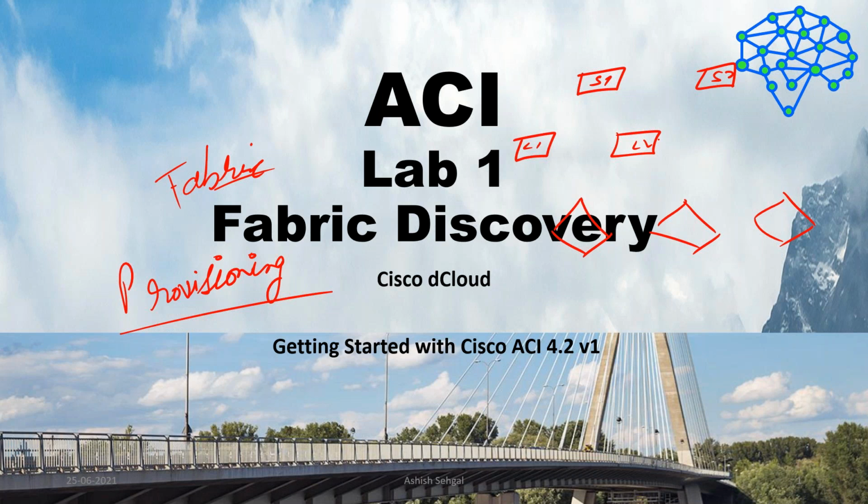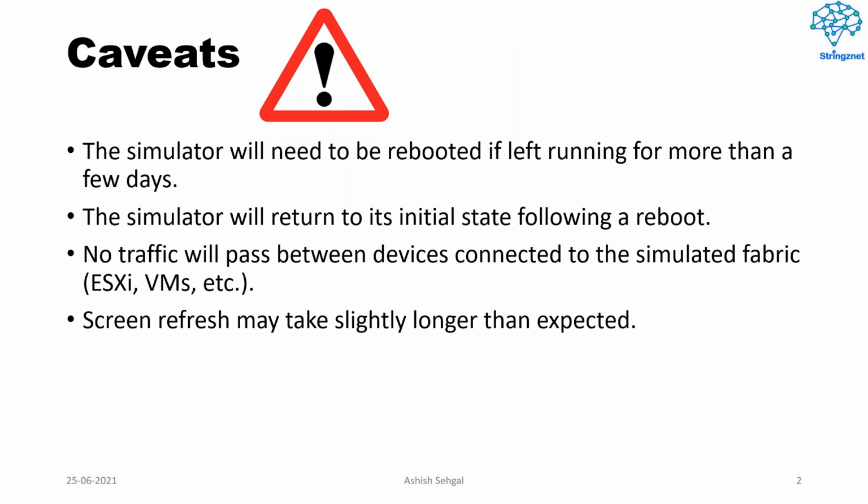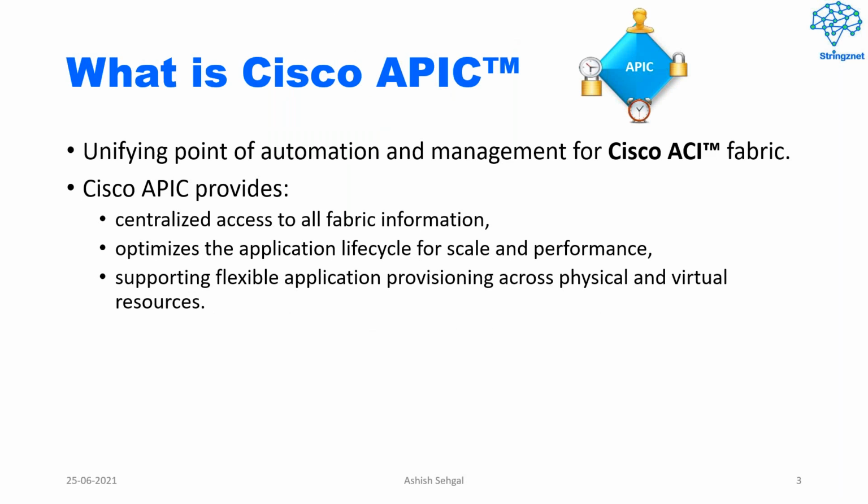So I believe this lab is going to give more clarity to you guys in terms of better understanding fabric provisioning, building the ACI fabric. I have mentioned certain caveats over here because sometimes we happen to see some issues.